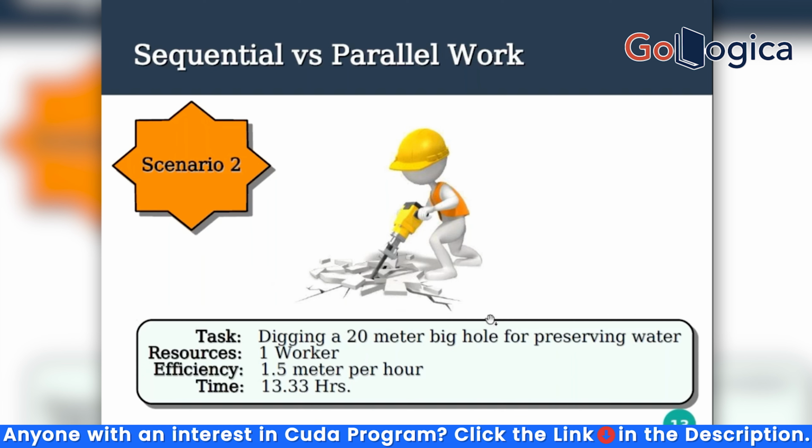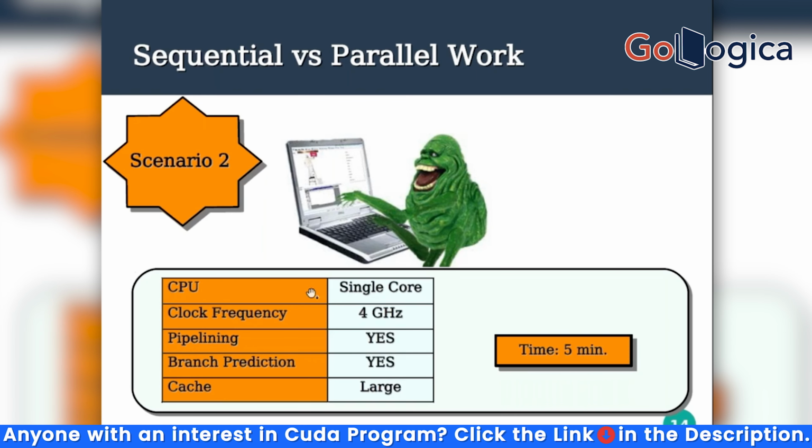The same scenario we can relate to your computers also. Again, we have a single resource, a single core. But here I'm improving the clock frequency from 2 gigahertz to 4 gigahertz. You can see I'm providing pipelining also, branch prediction also, and the cache size is also improved, that is, now larger.